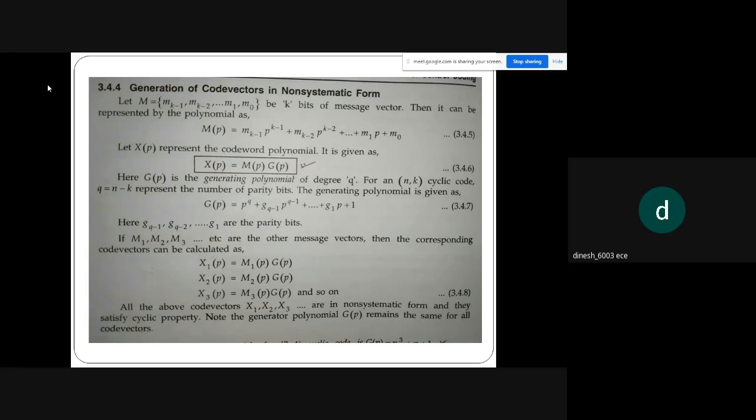For example, if you have an (n, k) cyclic code, then our q will always be n minus k. So we can easily find the number of parity bits that is generated by the polynomial. And the polynomial will be written as g of p is equal to p power q plus g(q minus 1) p power q minus 1 plus g(q minus 2) p power q minus 2, like this.